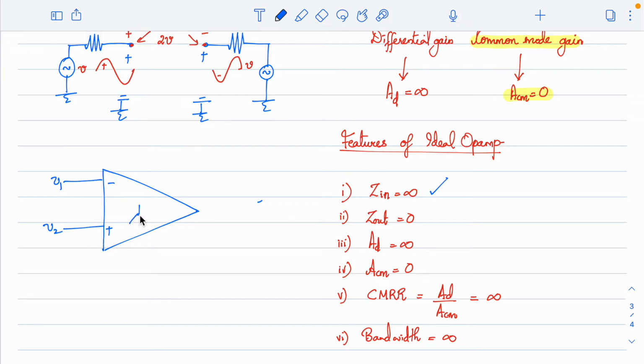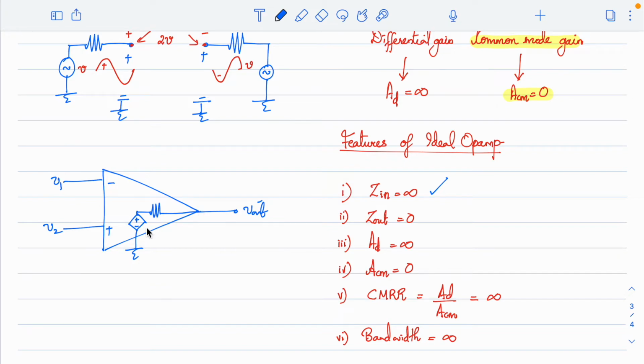Now what I am expecting out of this op amp at the V out is A times the differential input, so that I can get it ideally from a voltage controlled voltage source, which should be in this way.